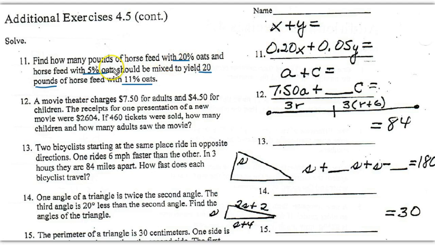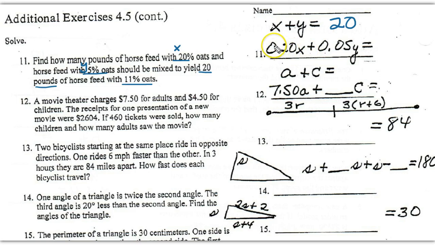Well, we know from this that the amount of, let's say, 20% that we're going to call X and 5% that we're going to call Y altogether is going to be 20.